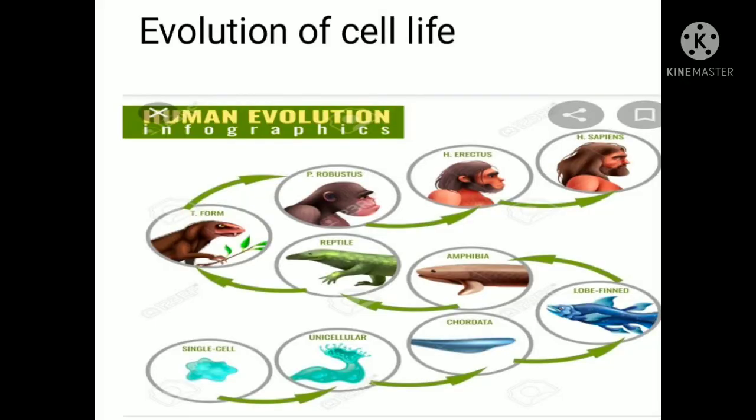This slide shows the evolution of cell life, from a single cell, formed period by period and time to time, to a human. This chart shows the formation from unicellular to multicellular organisms.